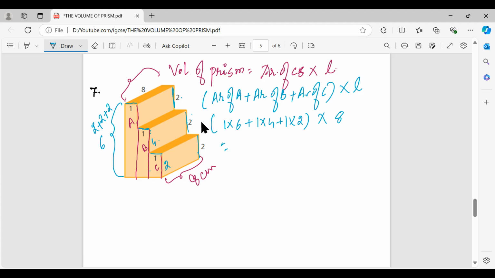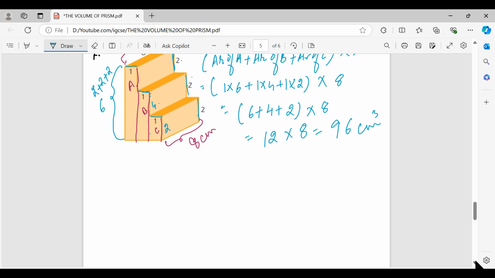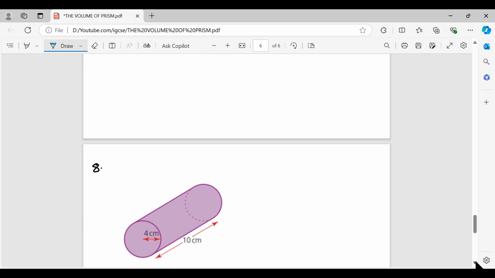Now this will give you 6 plus 4 plus 2 times 8. So 6 plus 4 plus 2 is 12, times 8, that is nothing but 96 centimeters cubed, right? So you just have to work on the compounded shape. If you get this correct, just multiply the length and you get the volume of prism. Easy, right?